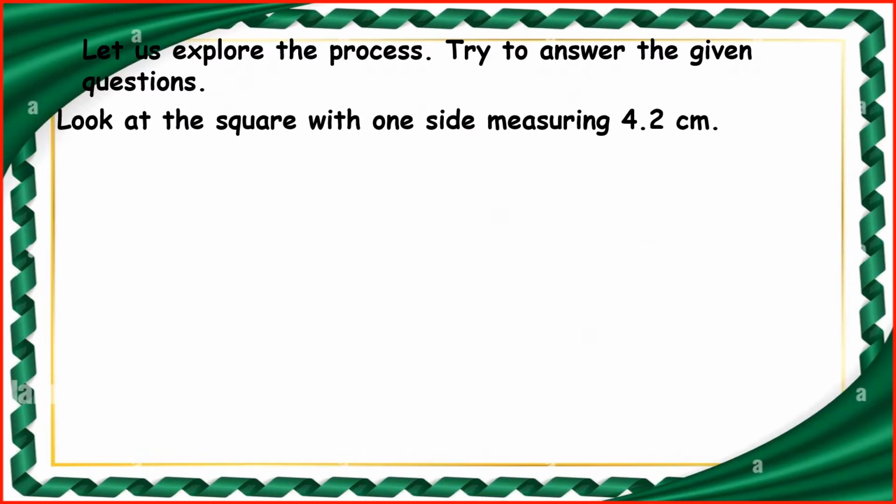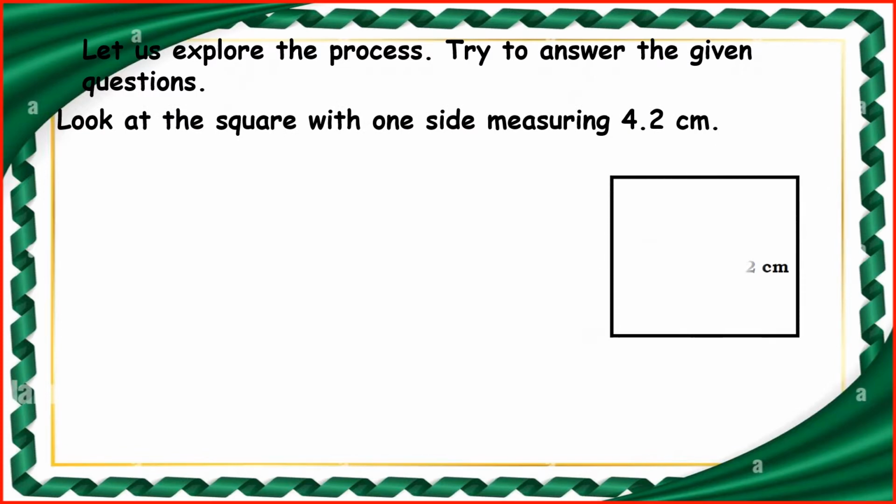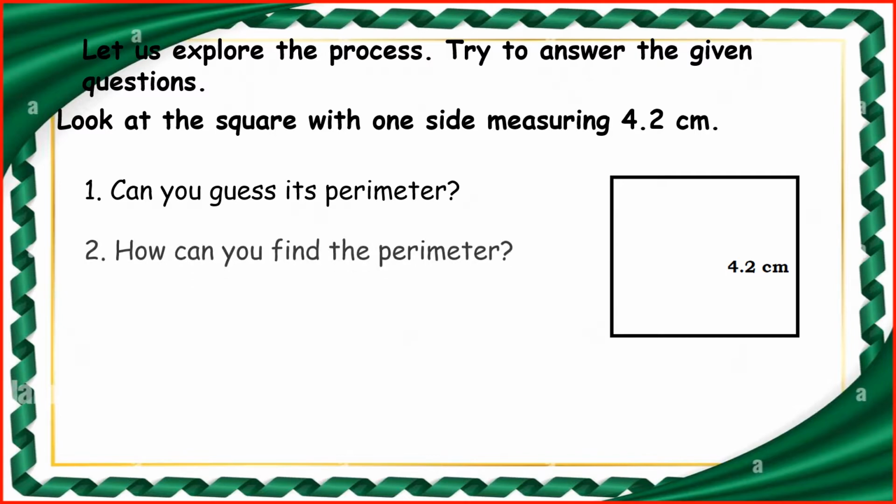Look at the square with one side measuring 4.2 centimeters. The first question is, can you guess its perimeter? Okay, so the perimeter of the square is 16.8 centimeters.